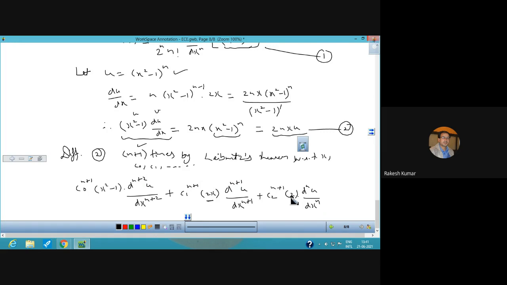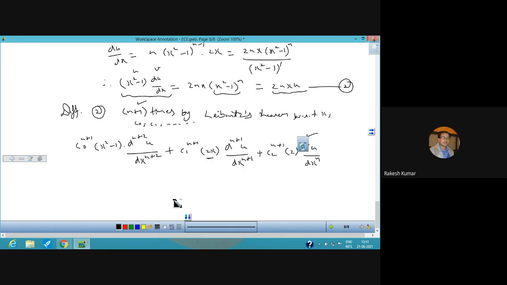If we do the next step, the derivative of 2 becomes 0. So we have to stop up to this step. So this is the application of Leibniz theorem.